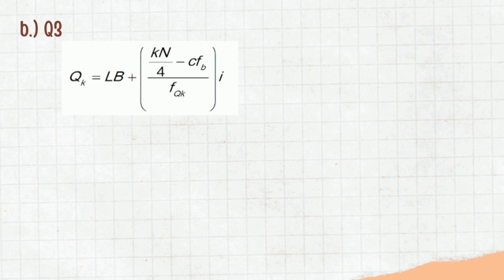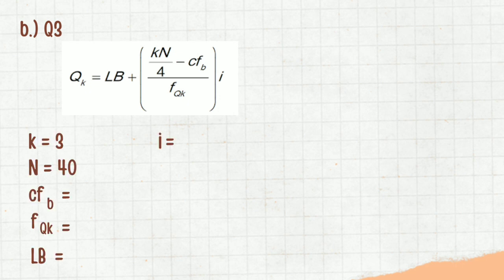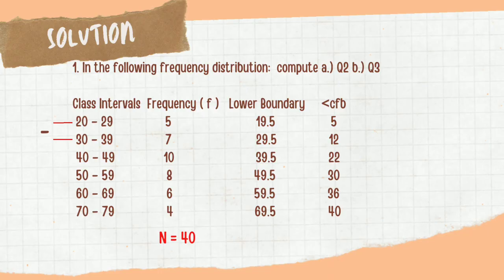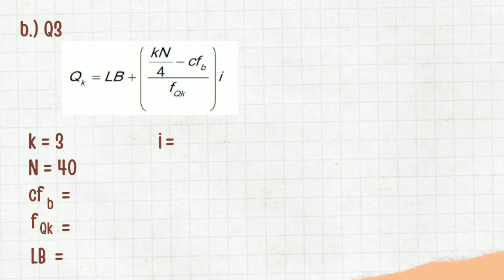So N is 40, and we will have to identify also the important values: FCK, LB, and I. So I is still the same in here, since we will still just use this frequency table. So I is 10, and we will have to identify where the class belongs.